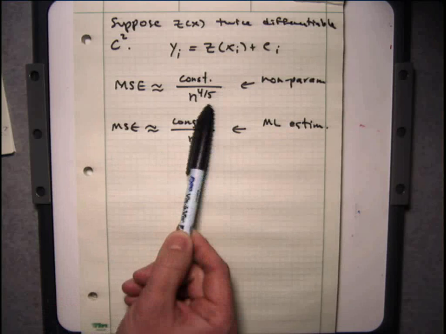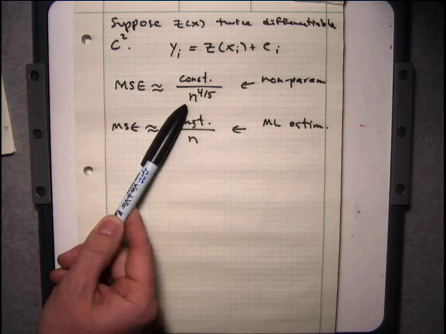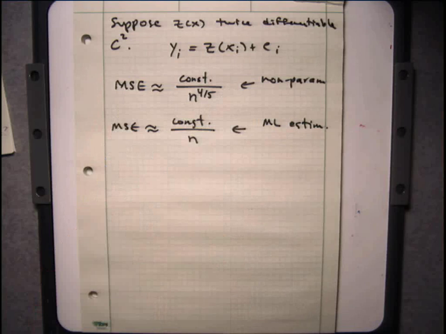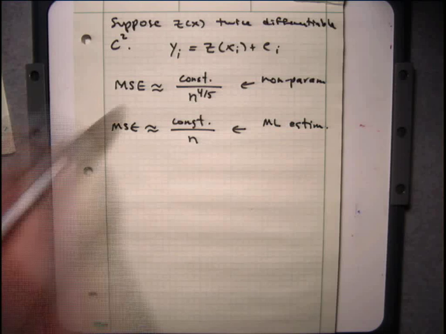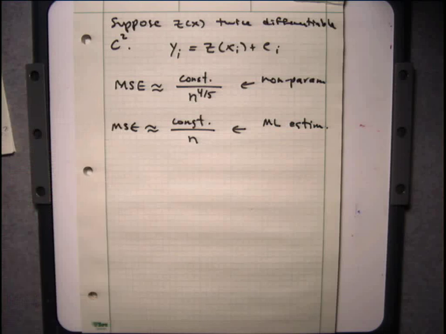Because you start off more ignorant, you pay a price. And the price is that your mean squared error does not collapse to 0 as quickly as it does for parametric methods. And this is one thing you have to deal with, right? Non-parametric methods are very general. You can apply them to just about any problem, but the downside of it is they don't give you mean squared error decay as a function of the number of samples as quickly as the parametric methods.